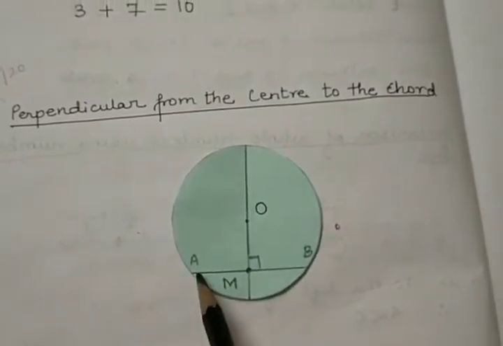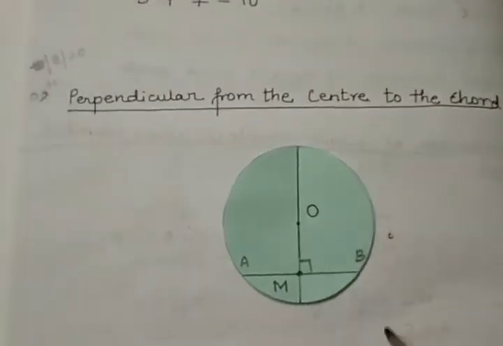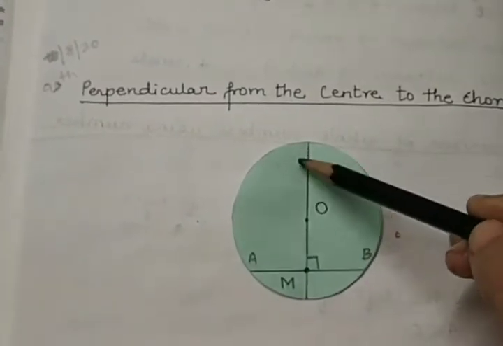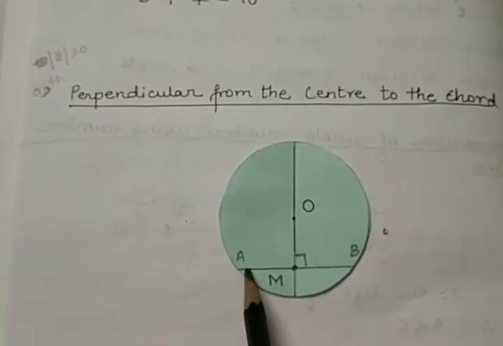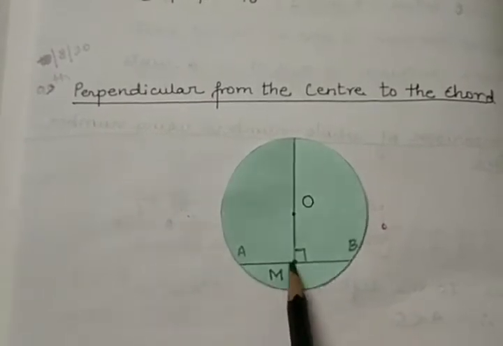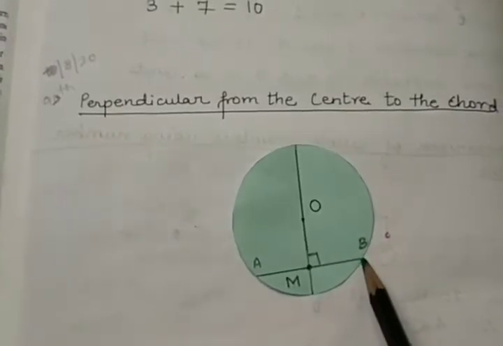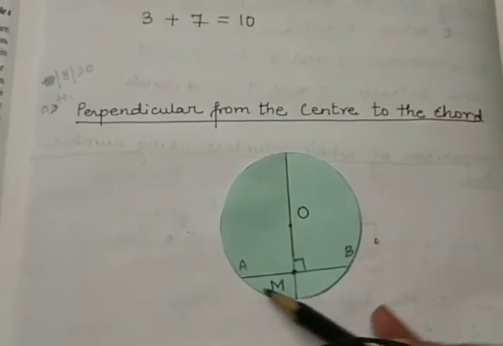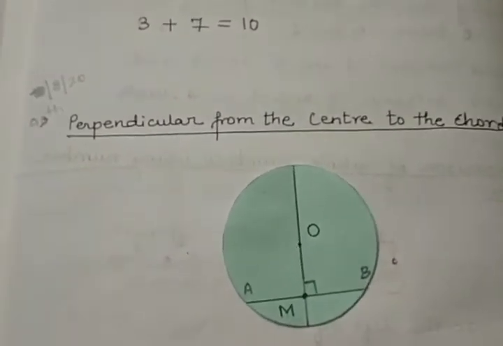Bisect the chord means it will divide your chord into two equal parts. That is what you saw. The length of this chord was 4 centimeters, and when I drew a perpendicular which passed through the center, AM was 2 centimeters and MB was 2 centimeters. This perpendicular has bisected your chord AB. That is your next theorem.